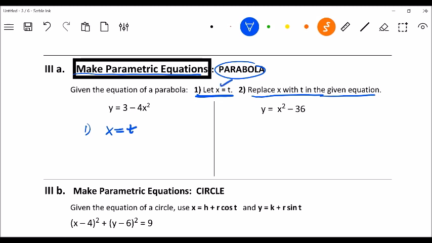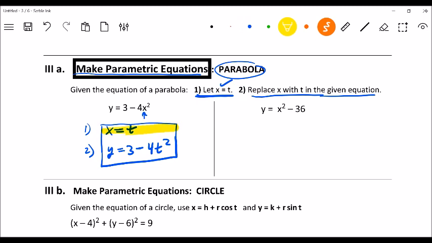And then I'm going to replace this x here with the t: 3 minus 4 t squared. That's our answer, or those are our two answers. These are the parametric equations that go with that parabola.